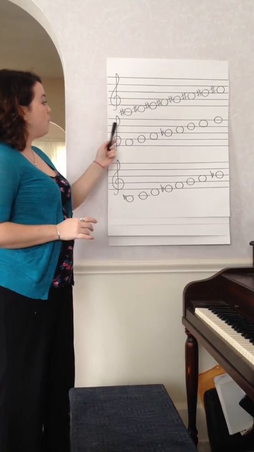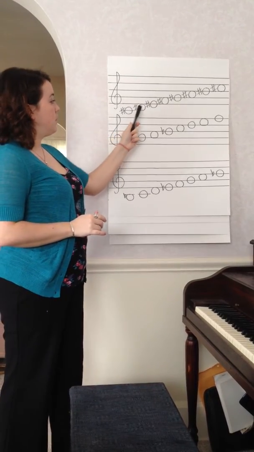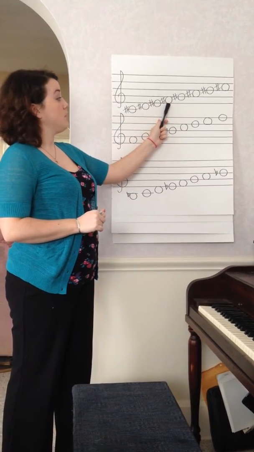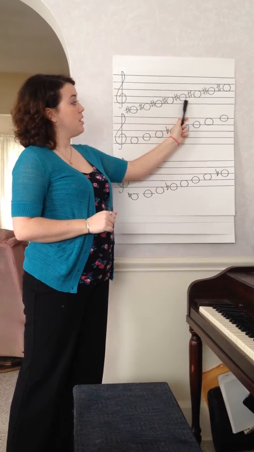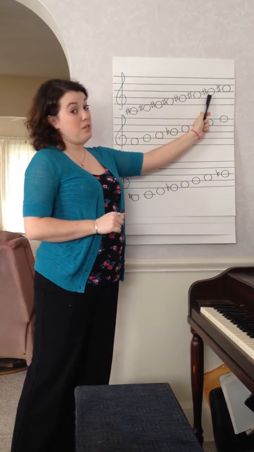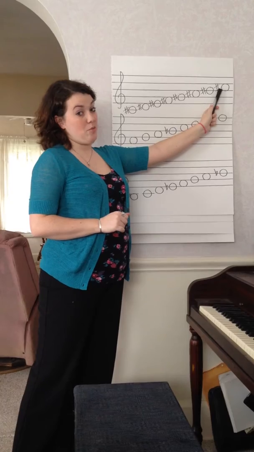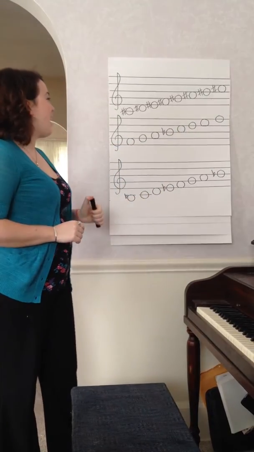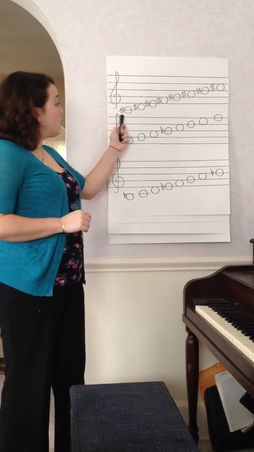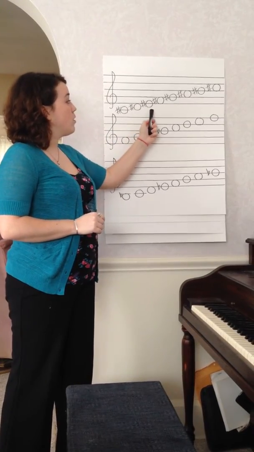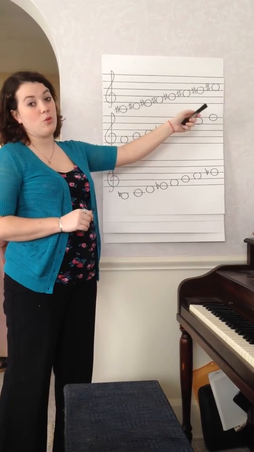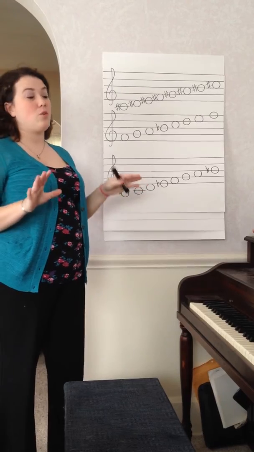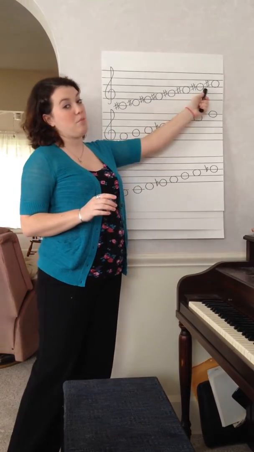So we have C sharp, D sharp, E sharp, F sharp, G sharp, A sharp, B sharp, and C sharp. That sounds like a lot of sharps, doesn't it? I bet. But, you know, we still keep with that whole tone, half tone, whole tone, whole tone, whole tone, half tone formula, okay? So we have to add those sharps in there to keep that pattern.